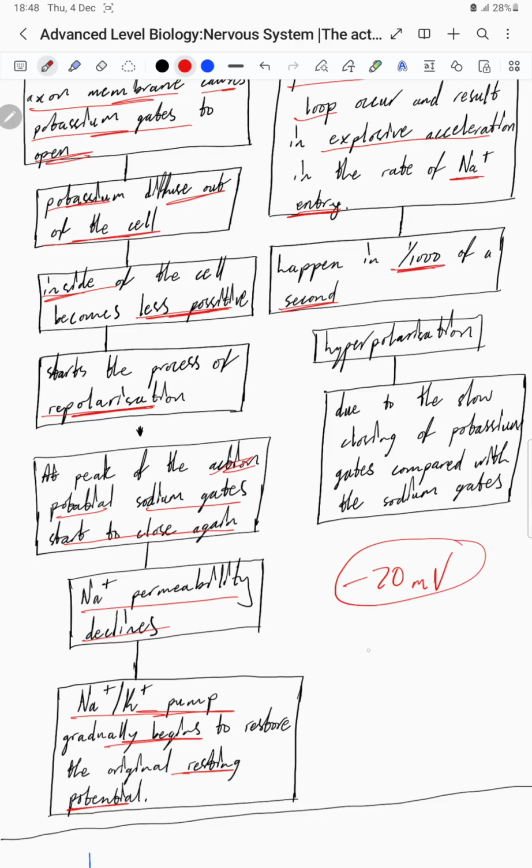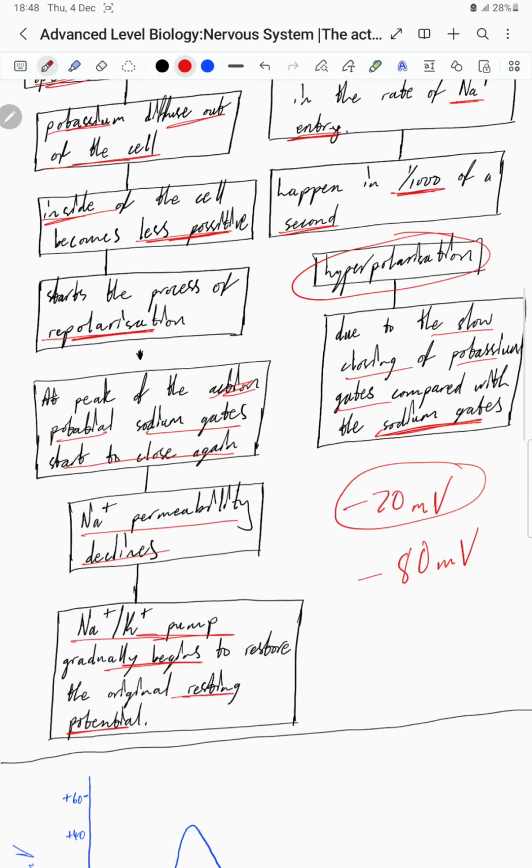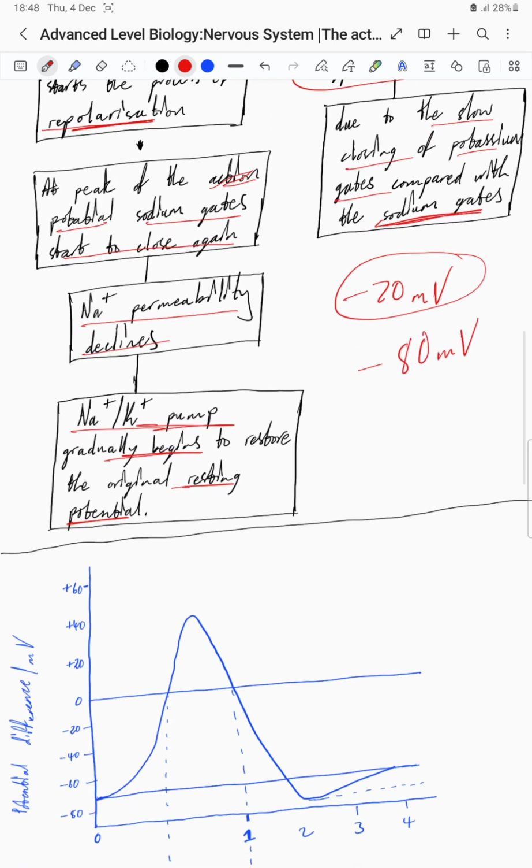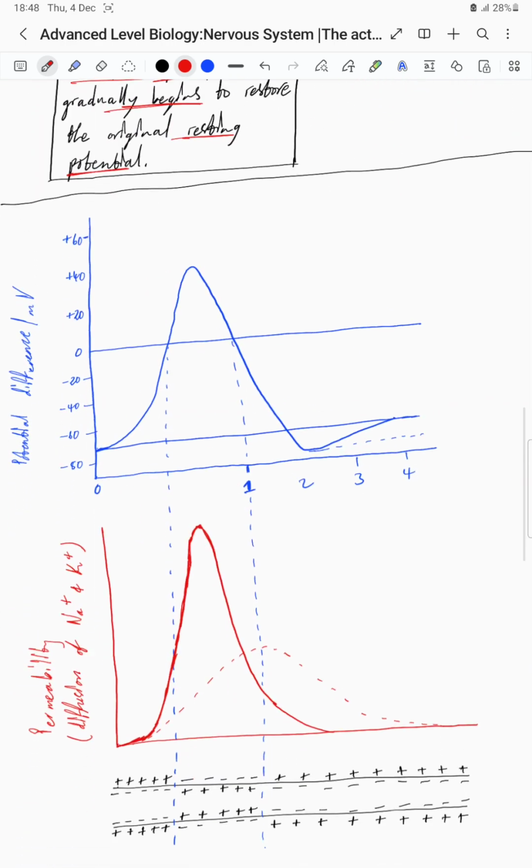It can arrive at about -80 millivolts. This is called hyperpolarization, and it is due to the slow closing of the potassium gates compared to the sodium gates. Okay, so let us summarize the whole process with some diagrams.